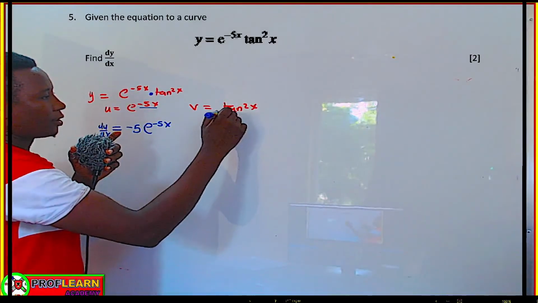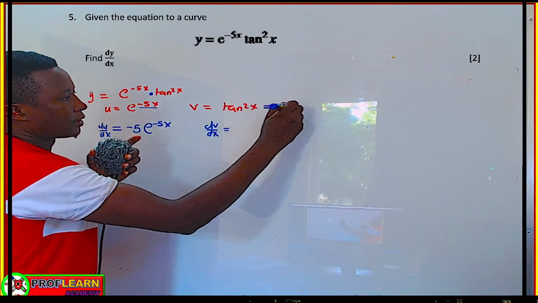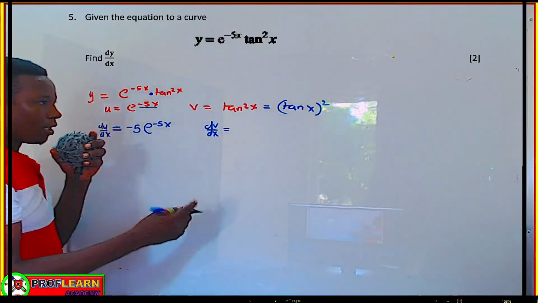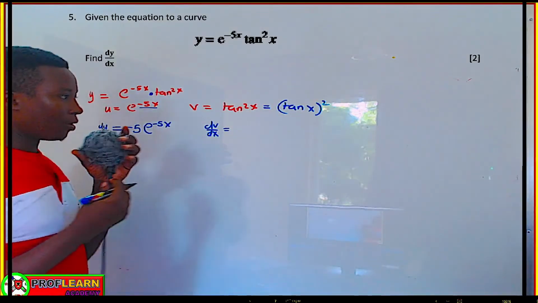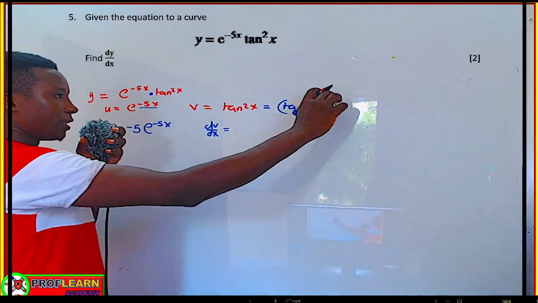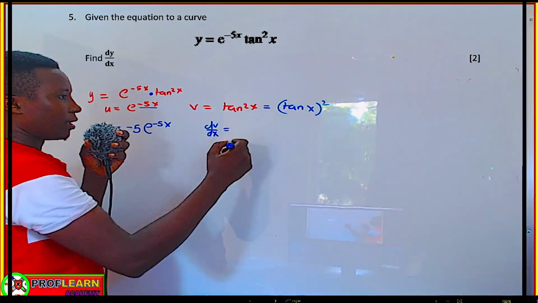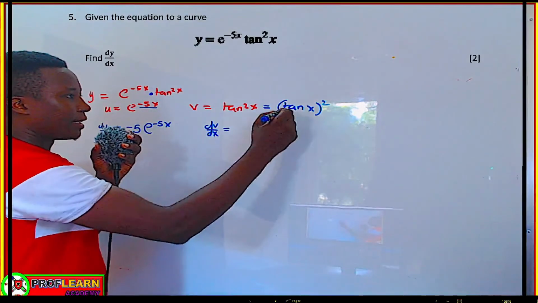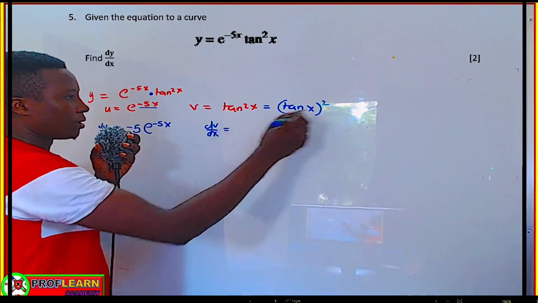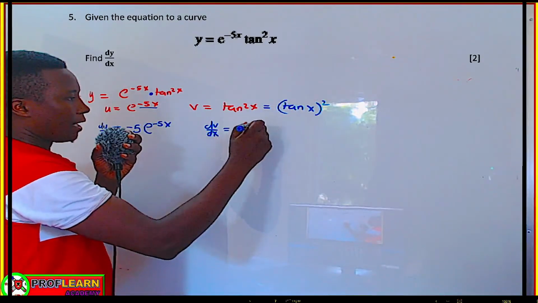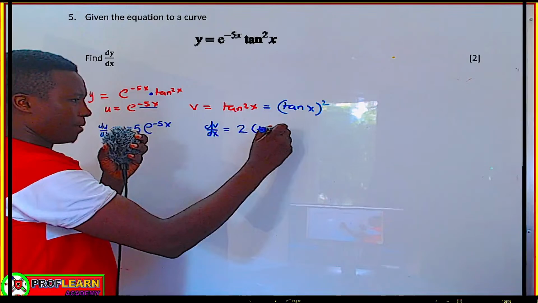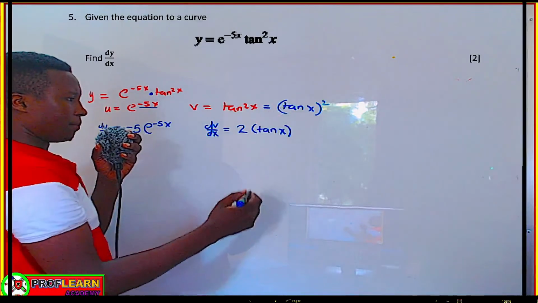okay, so this one can be written as tan x then squared. Now we are going to make use of chain rule at this point. Because there is a power, we are going to differentiate using power rule and just assume this function inside, and say we take the power down and we maintain the function inside the bracket the way it is.